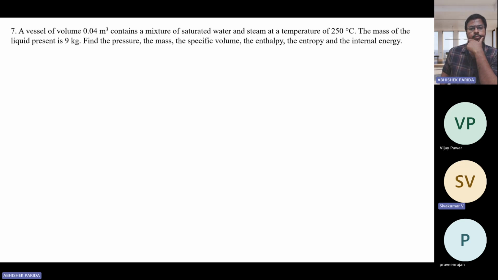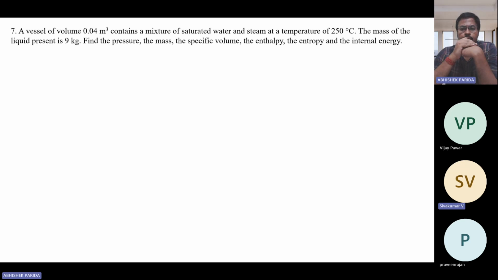Already mass of the liquid is given. Mass of the liquid plus mass of the vapor, then we can get the total mass. Then after quality of the mixture, the dryness fraction value we can calculate. You know the mf, and then mg divided by mf plus mg.